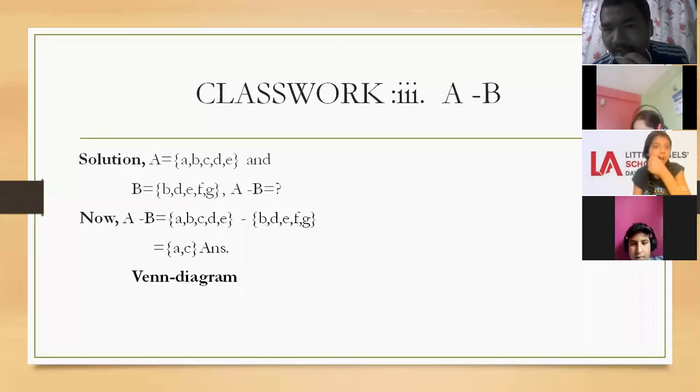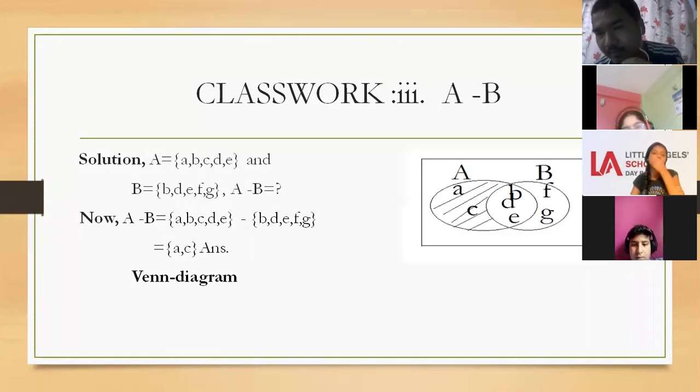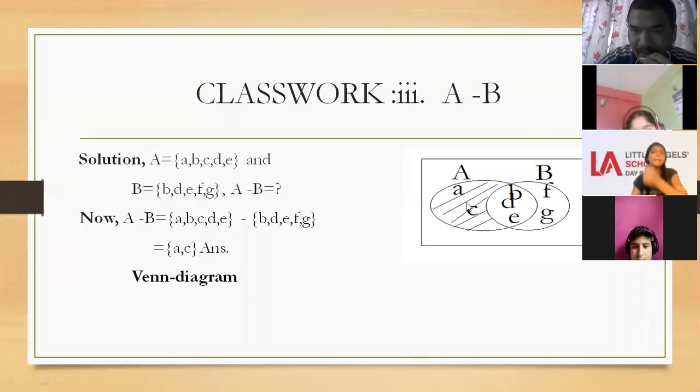Then when it is asked to draw the Venn diagram, as I told you, we have to draw the Venn diagram the same. Just the shading part will be different. Why have I shaded only the A and C part here? Can you tell, children? Because after subtracting, only A and C are left.